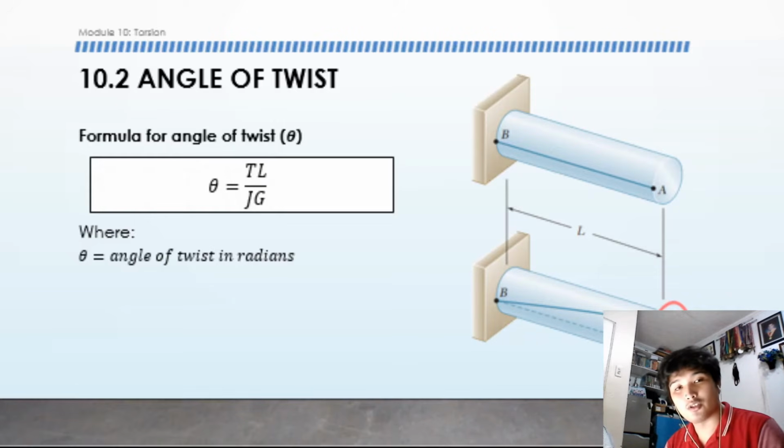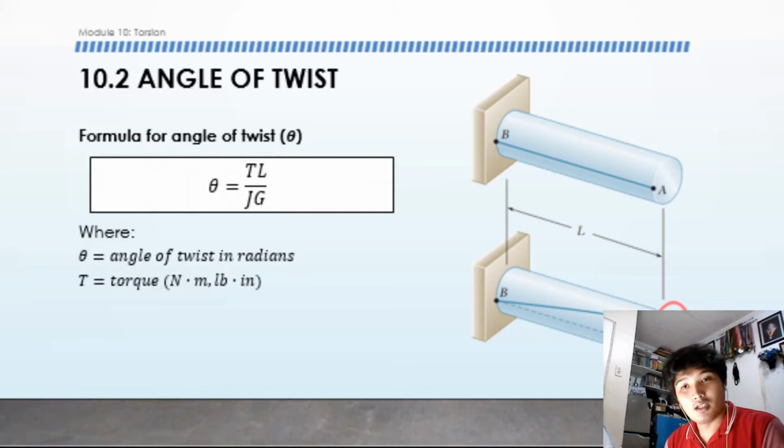So, anong unit ng torque class? Since moment siya, so, ang unit niya is either Newton meter, kilonewton meter, or pound inch, or pound foot. So, basta ganun siya ang torque. Okay? So, as my practice class, nililimit ko yung paggamit ko ng unit, let's say sa torque, ng Newton millimeters.